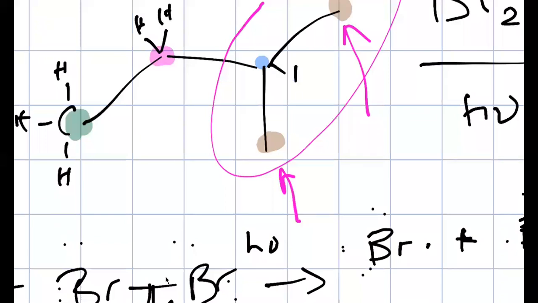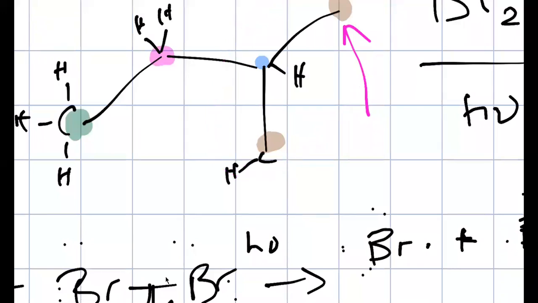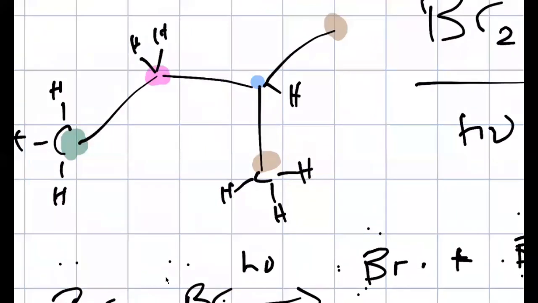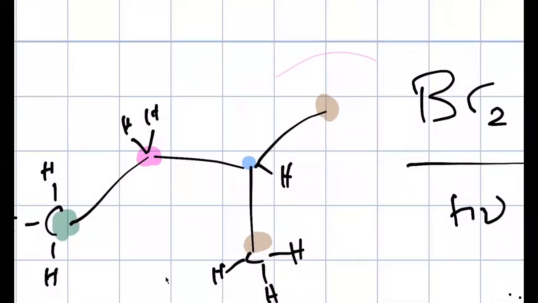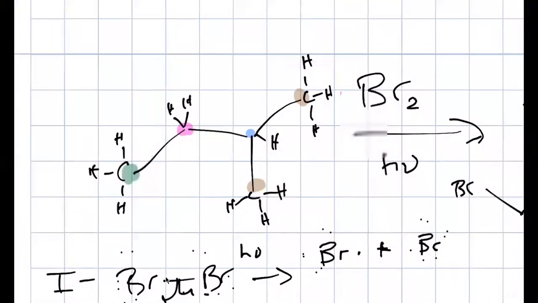This is a CH because it's tertiary, and then these are both CH3s. Right, so those are all your sites that are going to get it. But keep in mind, for the ones highlighted in brown, you only need to pick one. It's up to you which one you pick, because they're identical. So that's where all your abstraction steps are going to happen on those carbons.